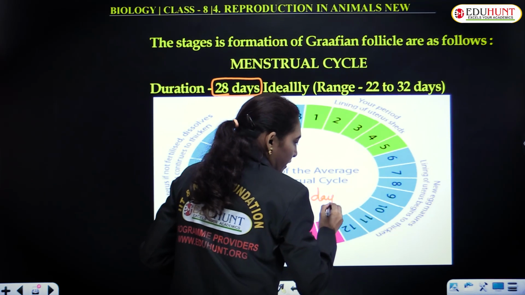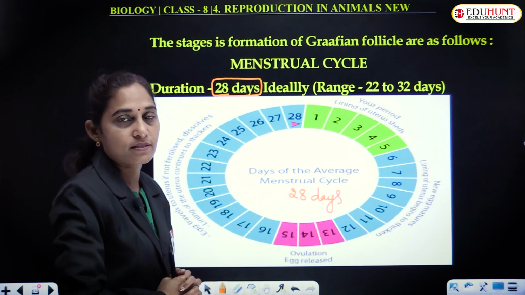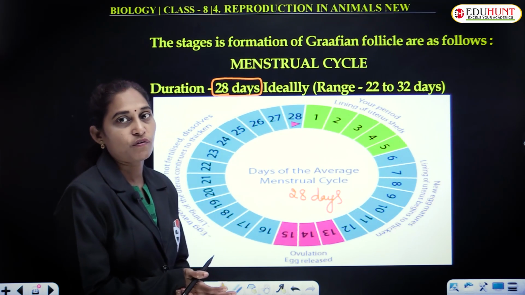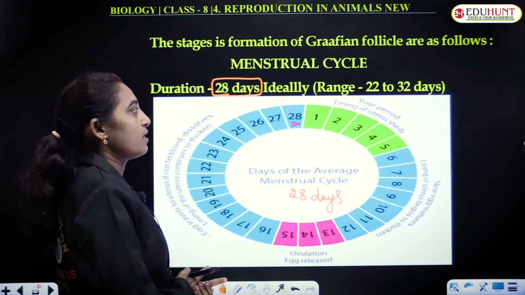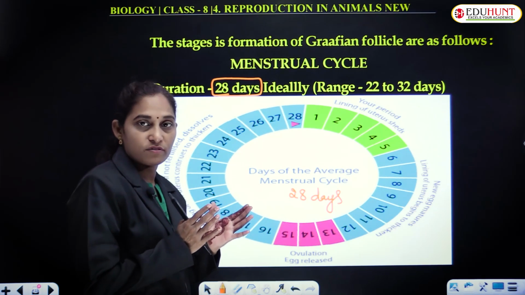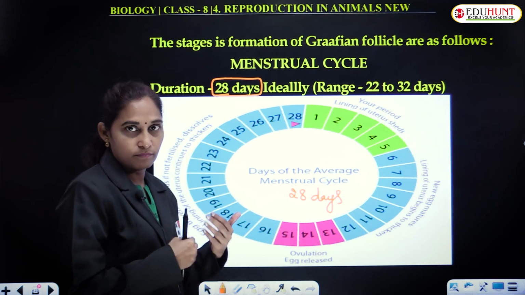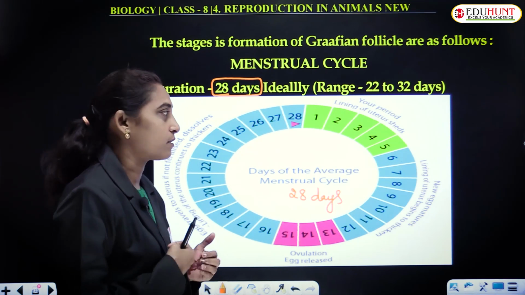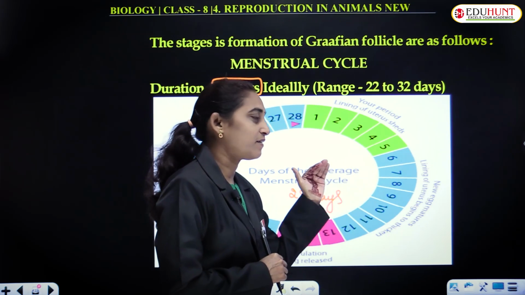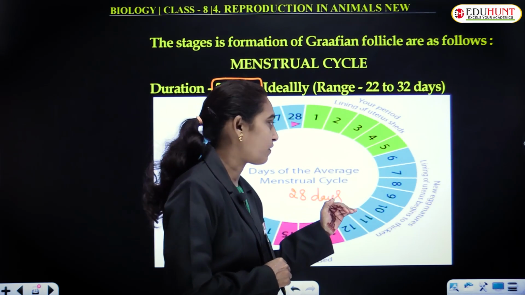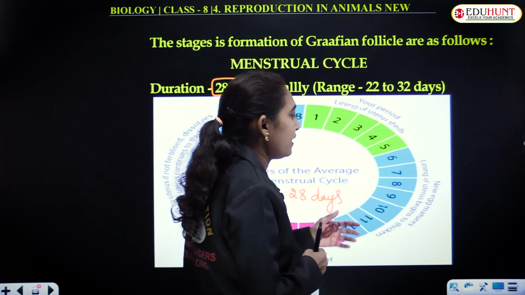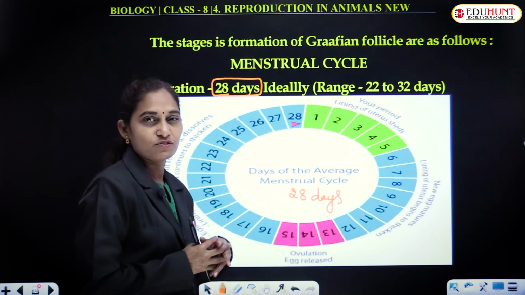If we consider this a 28-day cycle, the first stage is day 1 to 5. This is the actual period stage, where bleeding occurs. After the 5th day, from day 6 onwards, it enters the next phase, where a new egg matures and the lining of the uterus begins to thicken.